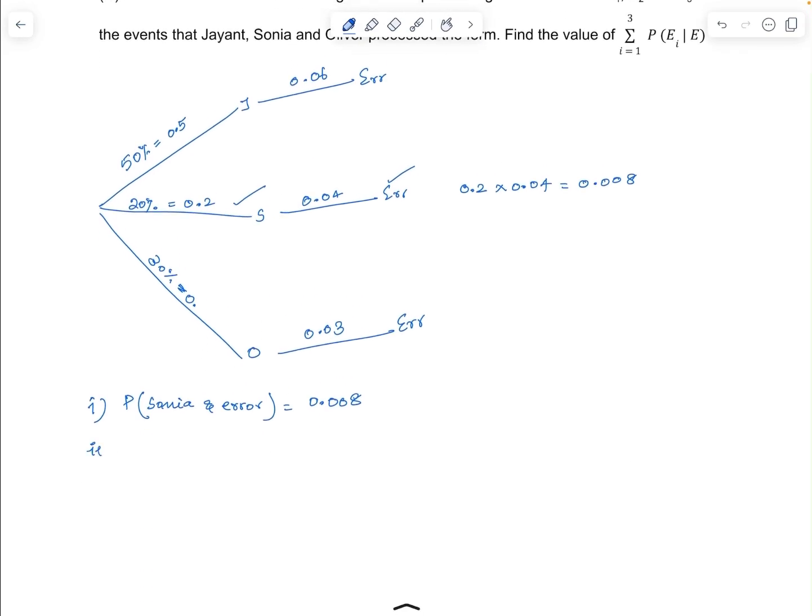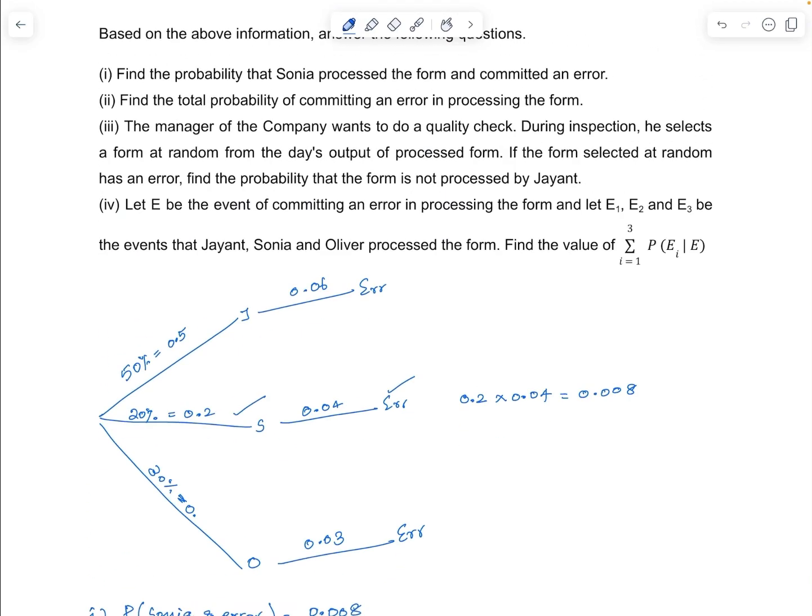Second question, find the total probability of committing an error in processing the form. Total probability of committing an error is equal to, so first we have to find out Jayant processes the form and error is there. So for that it is 0.5 times 0.06, which is equal to 0.030.